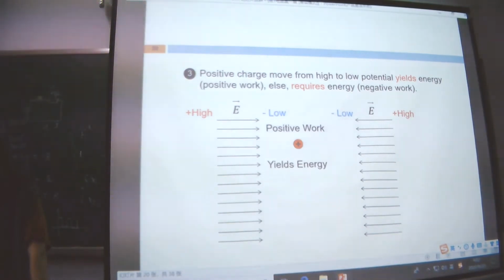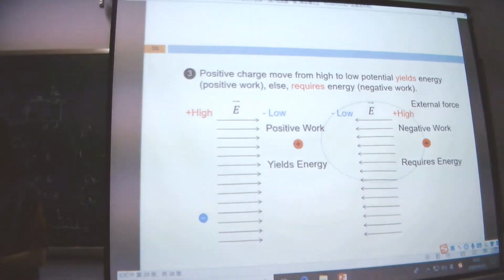And here, on the right-hand side, the direction of the electric field is changed. Similarly, we put a positive charge here and move it from left to right, and this one needs an external force. So it will do negative work and it requires energy.